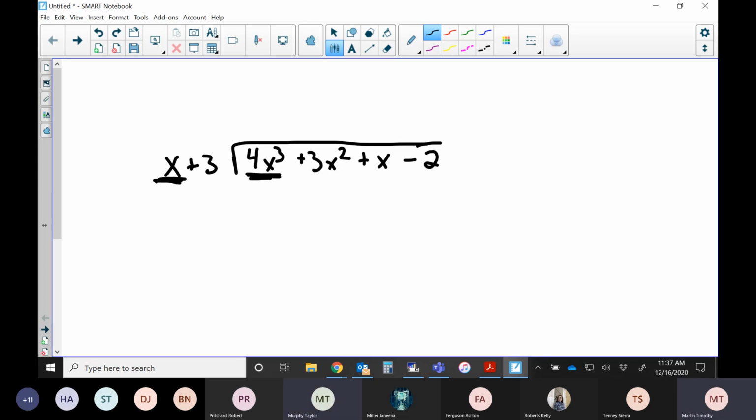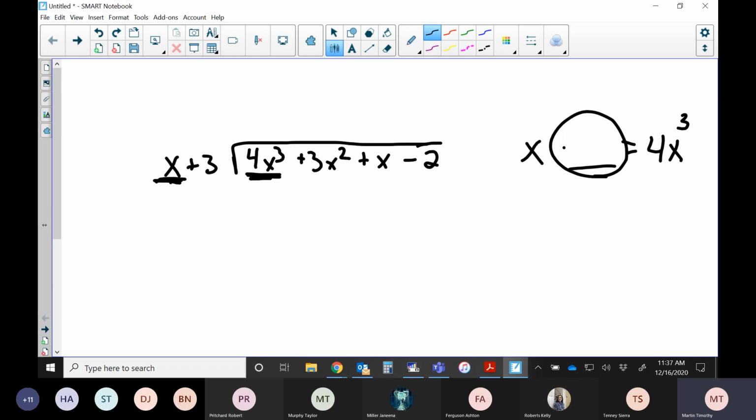Would it be x times 4? So what would 4 times x turn into? 4x. Is that 4x to the 3rd? No. So how do I make x become 4x to the 3rd? I have x. I need to multiply it by some number and make it become 4x to the 3rd.